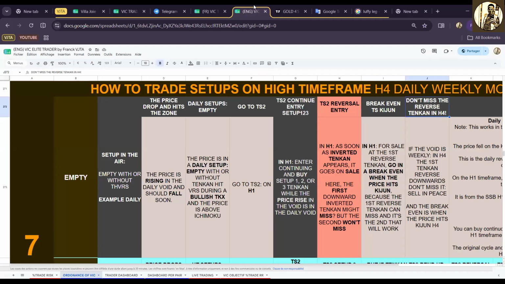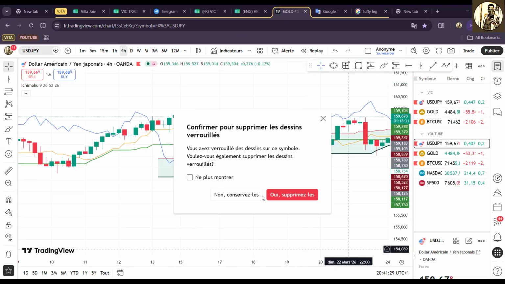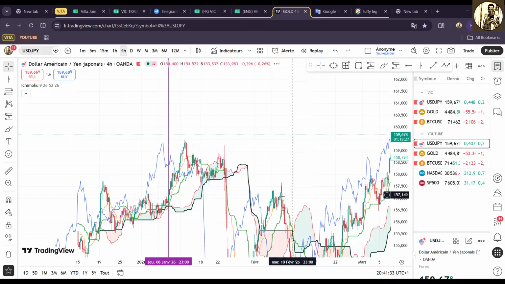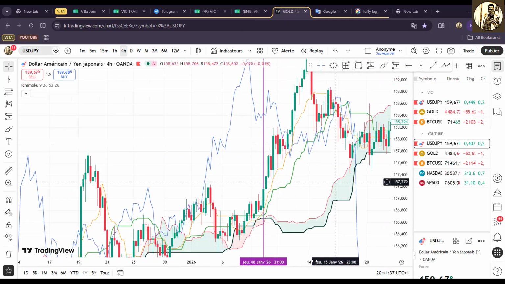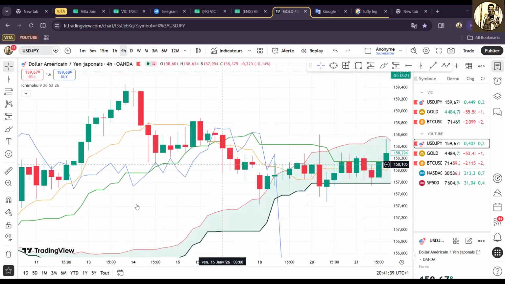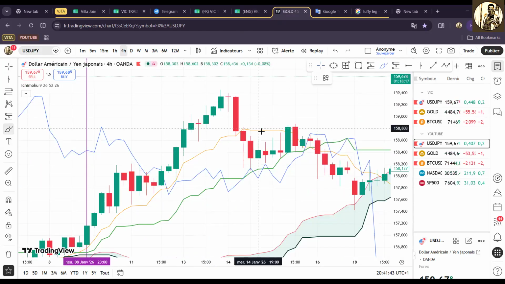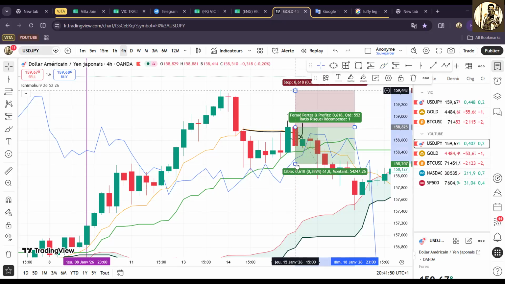But if you are on H4, don't miss any Tenkan inverted, because Tenkan inverted in H4 doesn't have any failure. Tenkan inverted in H4 is very strong. See, for example, during this rising market, as soon as we had this Tenkan inverted from this point, you could have just sold here and nothing.